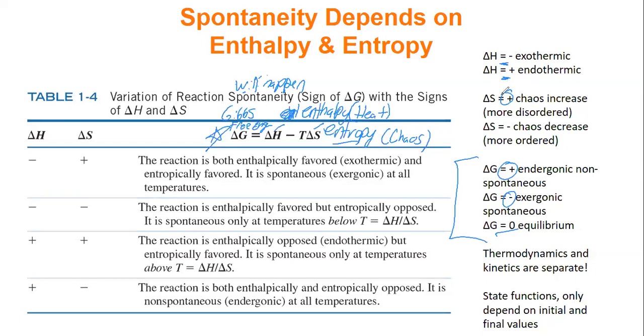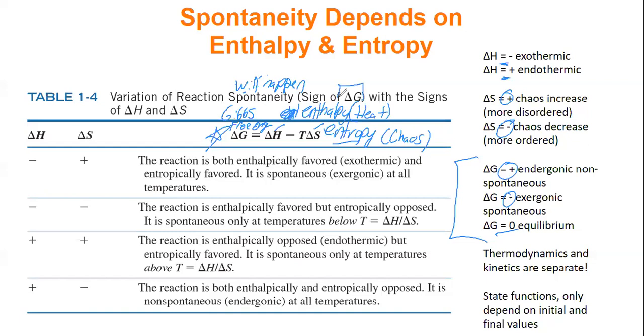So delta S, chaos increasing, good. If you're making a reaction more ordered, chaos is decreasing. That's not good when it comes to spontaneous, but that can be balanced out with heat. So that's your basic thermodynamic equation.